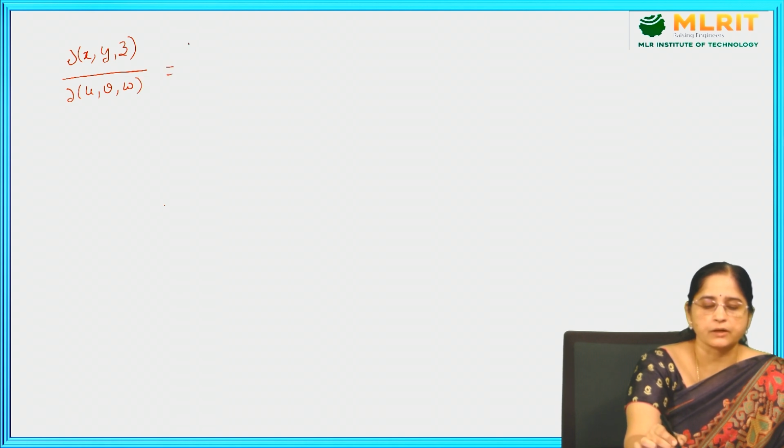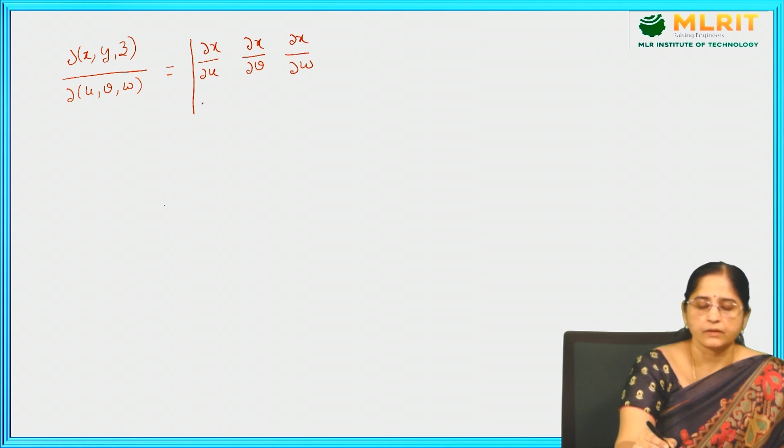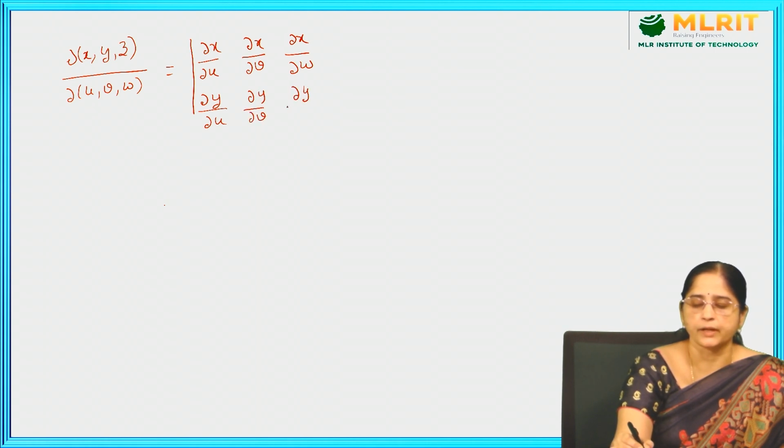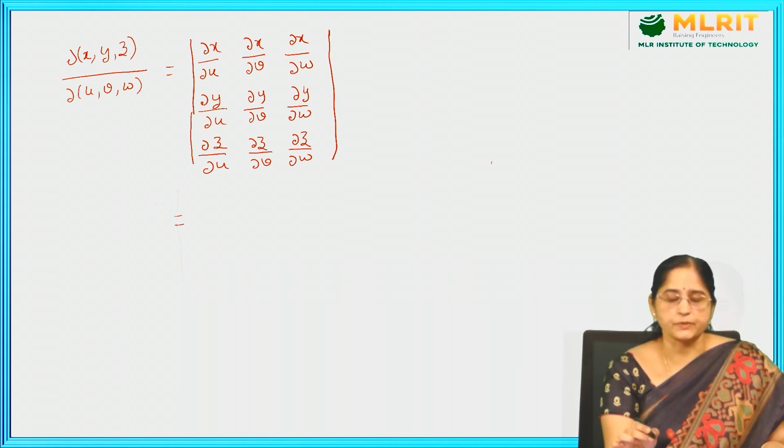The definition of the Jacobian is the determinant of ∂x/∂u, ∂x/∂v, ∂x/∂w; ∂y/∂u, ∂y/∂v, ∂y/∂w; ∂z/∂u, ∂z/∂v, ∂z/∂w. So we calculate all these partial derivatives and substitute all these values.